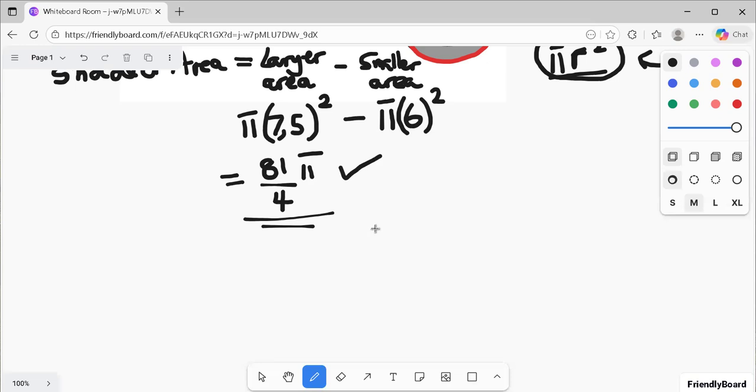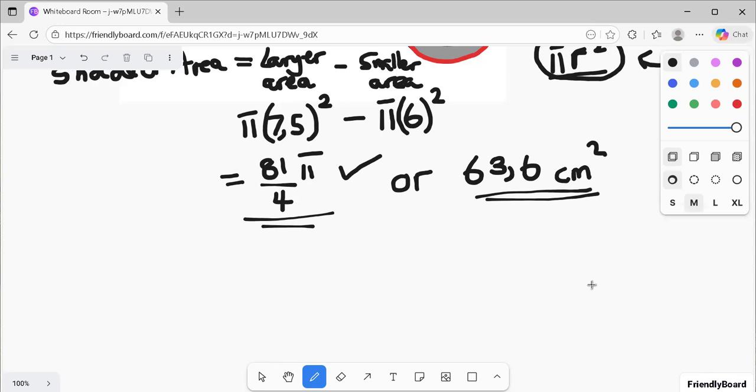Or I can leave it as a decimal, and if you work it out as a decimal, you'll realize that it is going to give you 63.6 centimeters squared. All right, so that's basically what I did there.